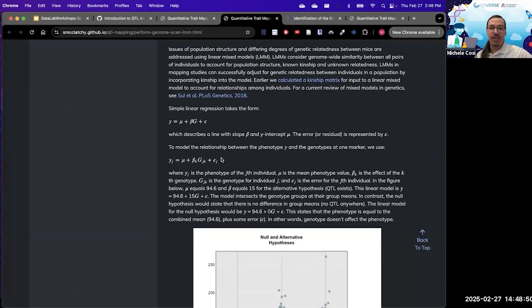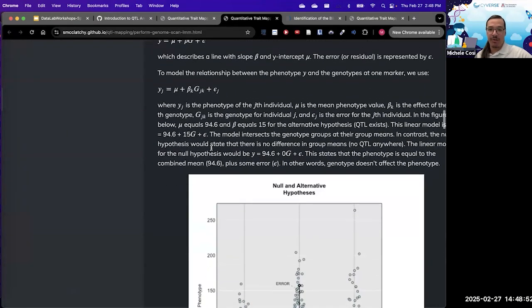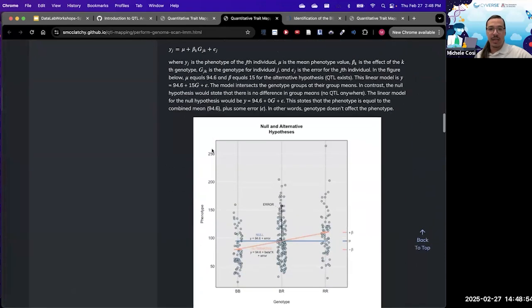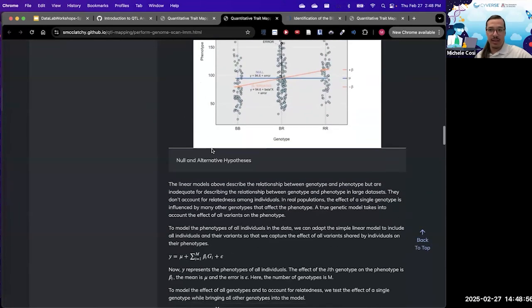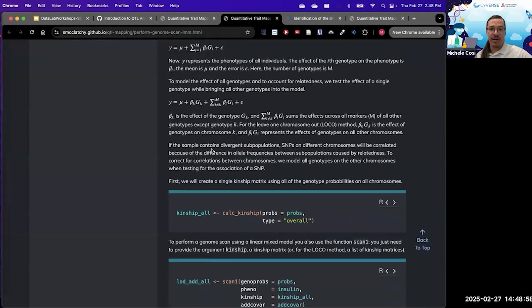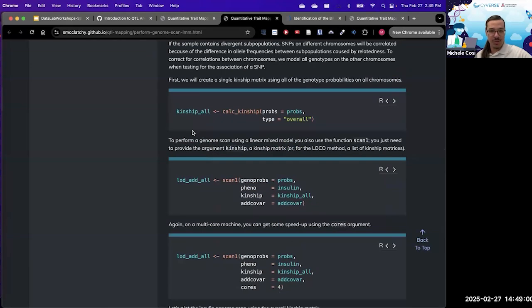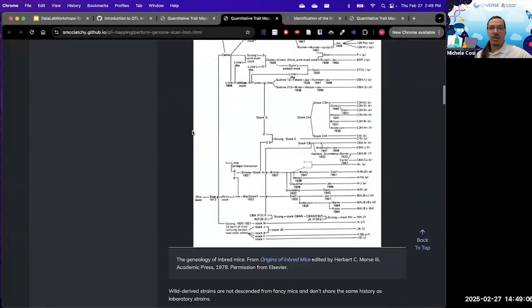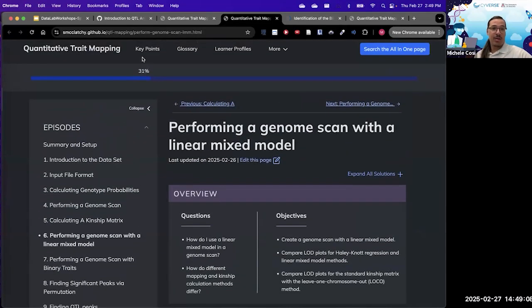They do go into details explaining the linear regressions and whatnot, but I do suggest you understand a little bit of what they're trying to do here. Don't just run the code, also understand what they're trying to do.